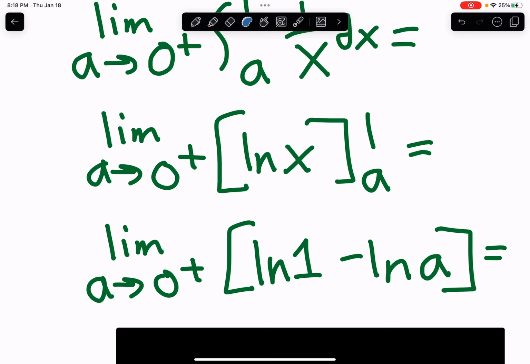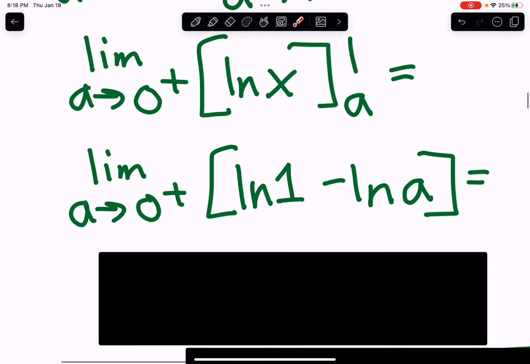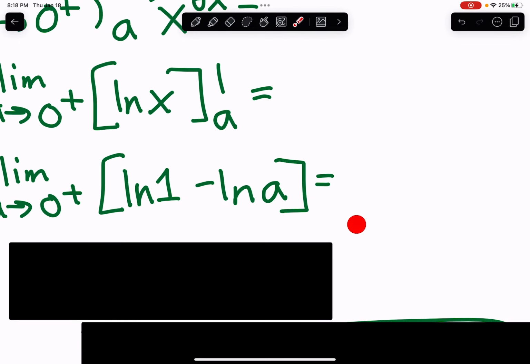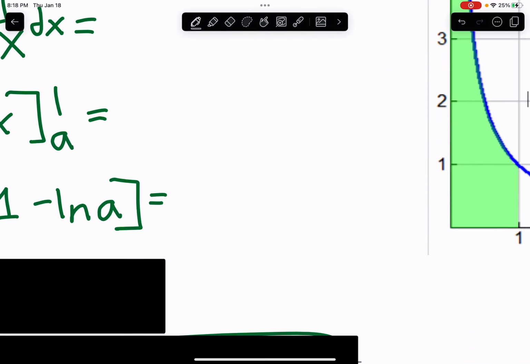The natural log of 1 is just 0. What happens to natural log as we approach 0 from the right? This is a good time to review a little bit. What does the natural log graph look like? Technically, this is negative natural log, but we can just flip the graph around.